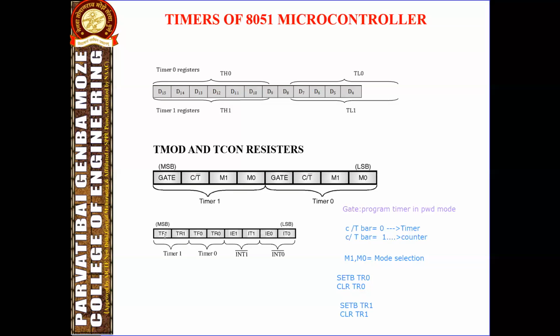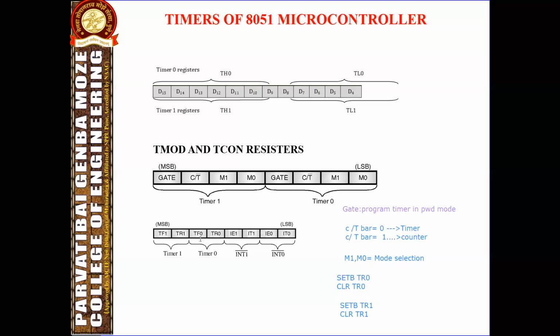It is set by hardware on timer counter overflow, or cleared by hardware when the processor vectors to the interrupt routine. Similarly, TR1 is the 6th bit of TCON. It is the timer 1 run control bit. It is set or cleared by software to turn the timer or counter on or off.